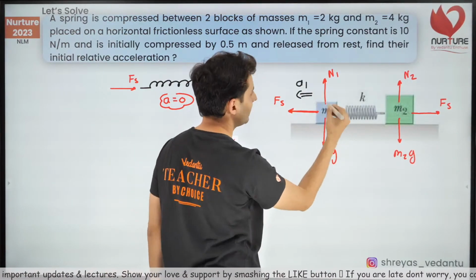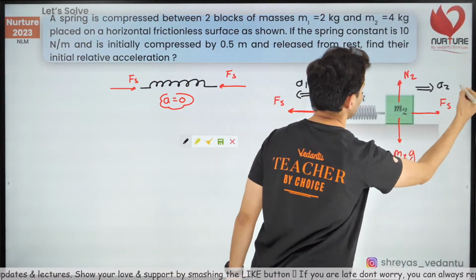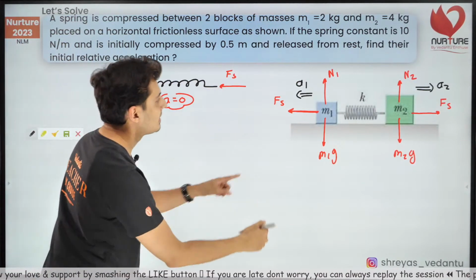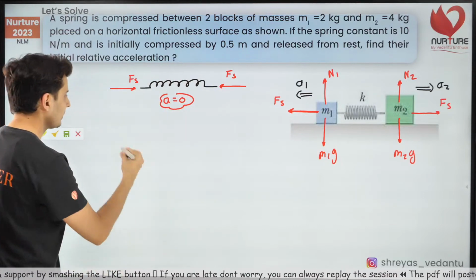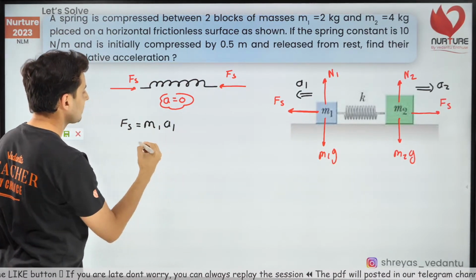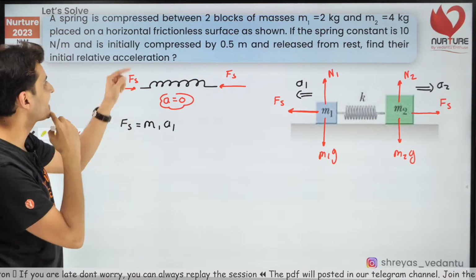Let's say I call it A1. This block will also have some acceleration. Let's say I call it A2. So can I not say, guys, there is only one force on M1 and that is Fs. So Fs will be M1 A1. Now what is the value of Fs? It's Kx.